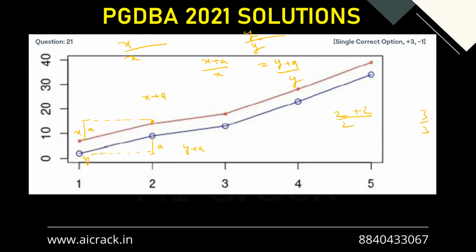If I add 2 over here, I'll get 4 by 2 and 5 by 3. Both ratios are not the same. And we can clearly see that x and y are not the same because there's a difference between them. So that means x plus a by x and y plus a by y is not the same. So the first option is incorrect.